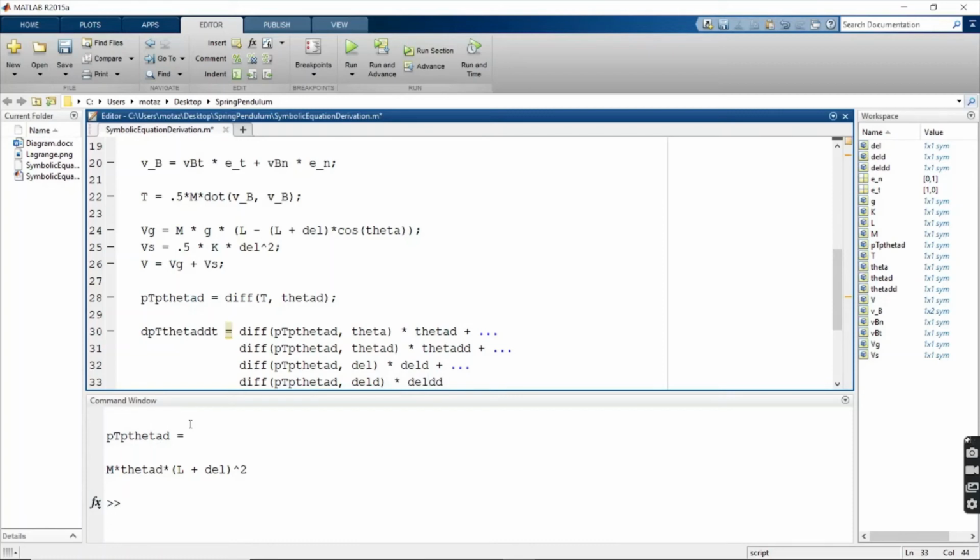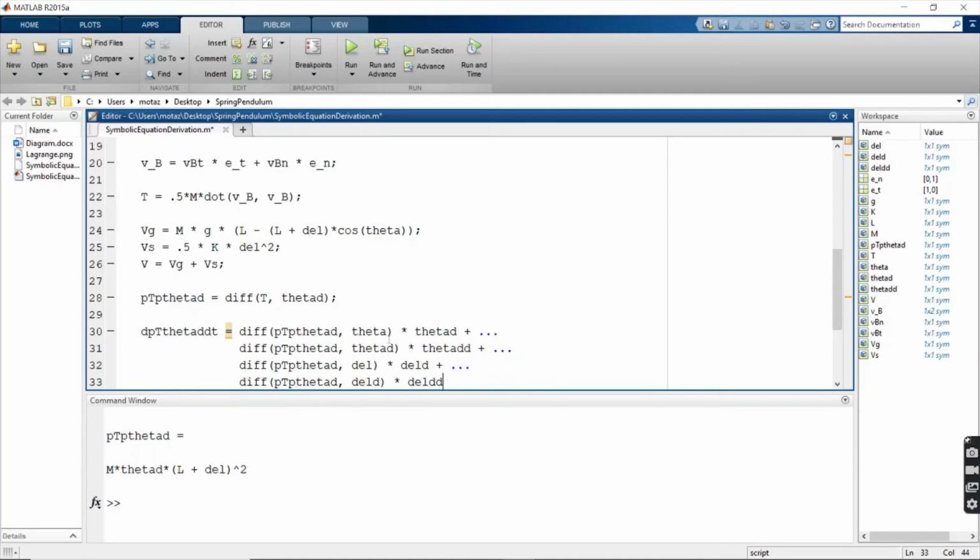Now let's take a look at that term. Of course, some of them will be zero because we see here theta dot and del only appears. So when we differentiate this term with respect to theta double dot, it'll be zero.